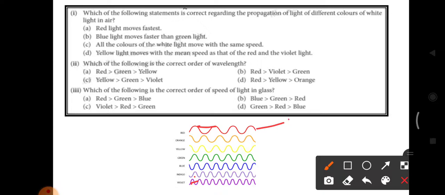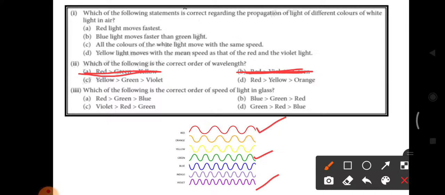They gave first red, then green, then yellow. No, this is wrong. The second one, red, violet, green. So this is also wrong, not in proper order.